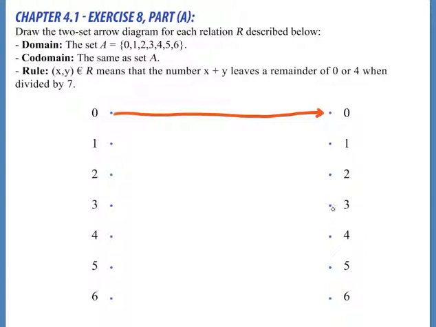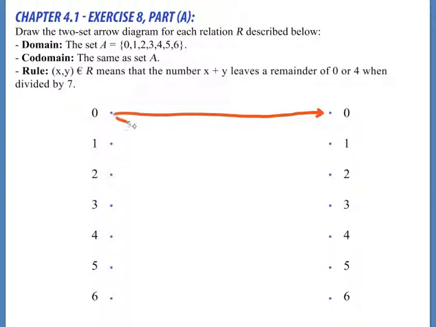0 plus 3 is equal to 3. 3 divided by 7 is not 0 or 4. But 0 plus 4, that equals 4. You divide it by 7. That would leave you a remainder of 4, I think, yeah.